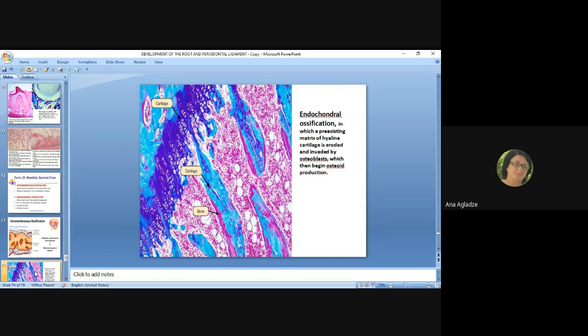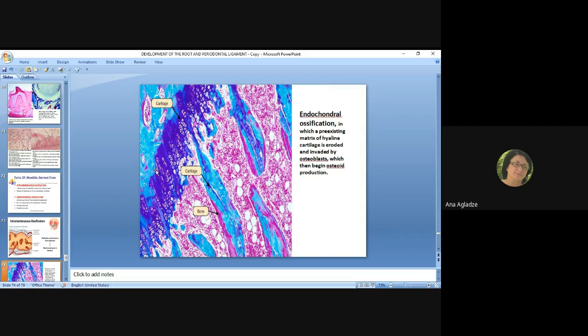And here you can see a micrograph of endochondral ossification, in which the pre-existing matrix of hyaline cartilage is eroded and invaded by osteoblasts, which then begin osteoid production.